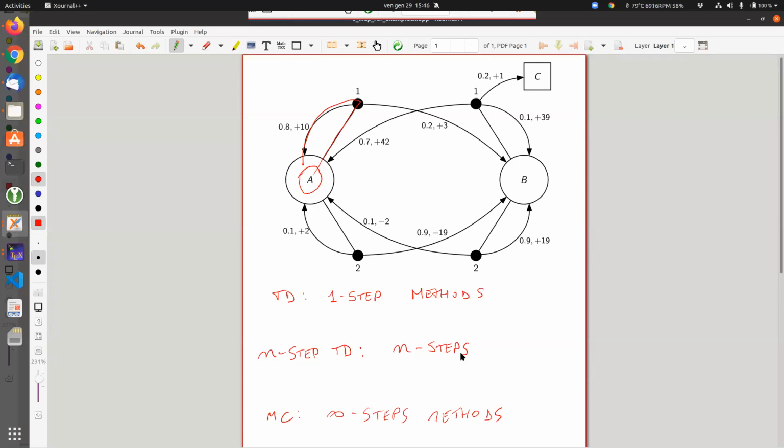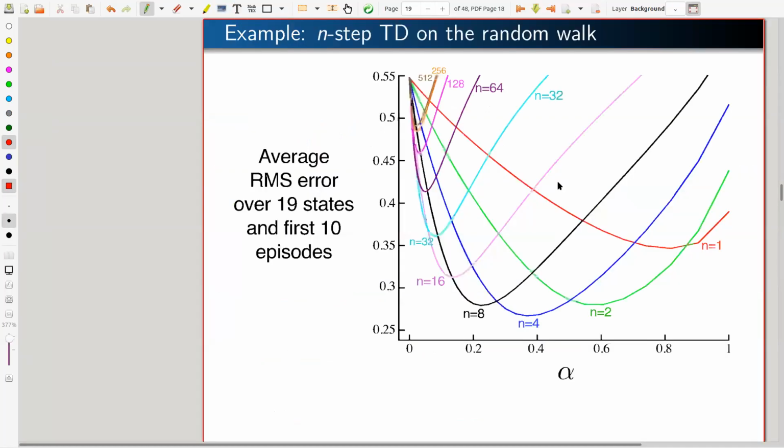So a two-step method would do first step, second step, and then I stop and I bootstrap with the value of the last state, in this case, state B. You understand the terminology bootstrap with B right now, meaning I use the estimate I have for the state B from before.